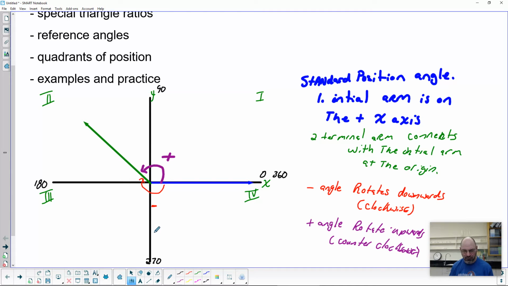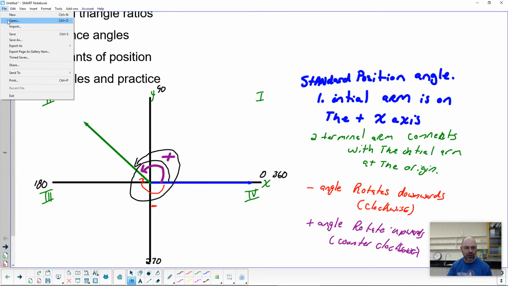So if I wanted to have another angle that's this angle plus 360, I would go all the way around and then back. That's what it would look like, except I'd probably put it closer. I'm going to erase that because I don't want to leave that in there, but that's possible as well.